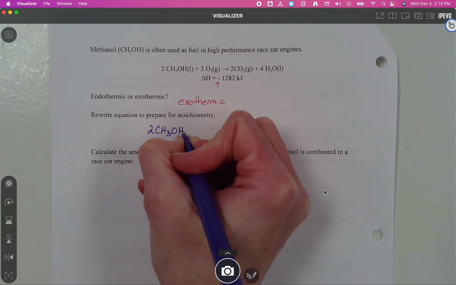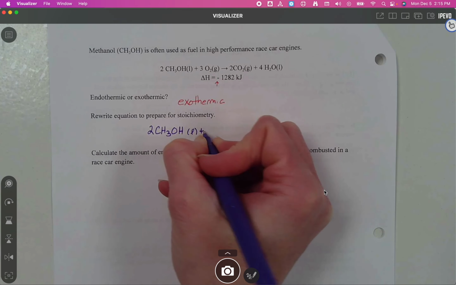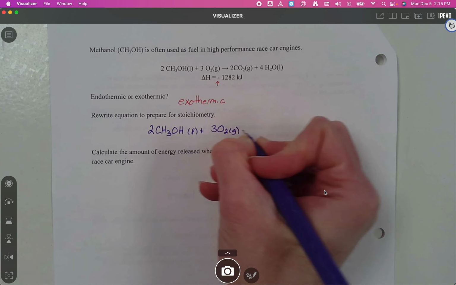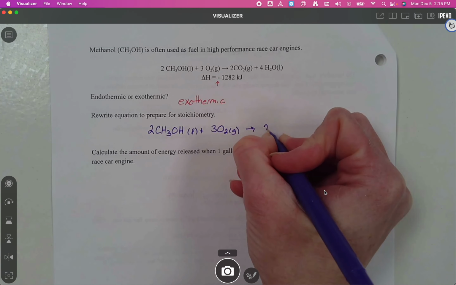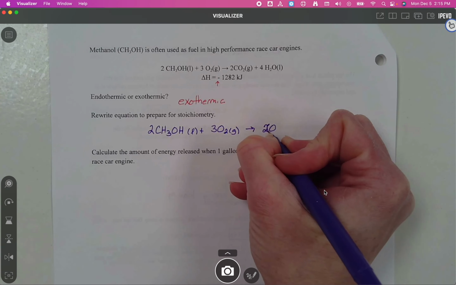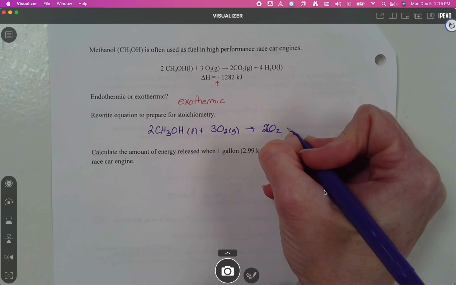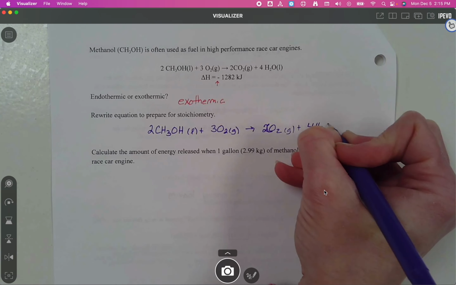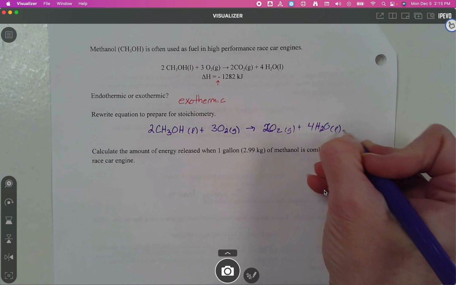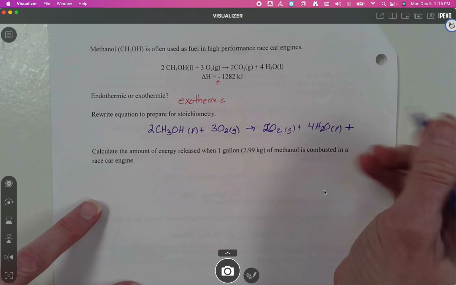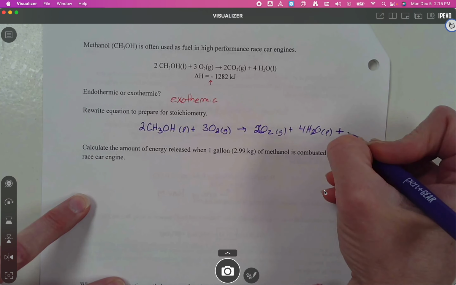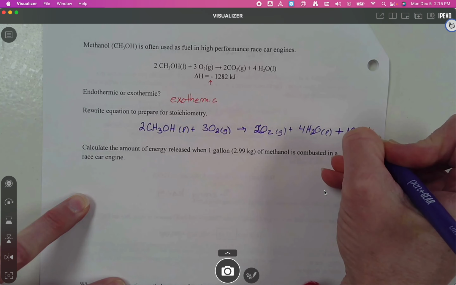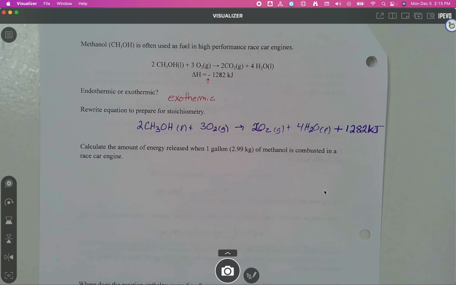So preparing for stoichiometry, 2 CH3OH, which is a liquid, plus 3 O2 gas, makes 2 CO2, plus 4 H2O, plus the appropriate amount of energy, 1,282 kilojoules.